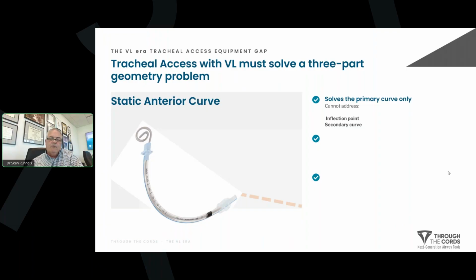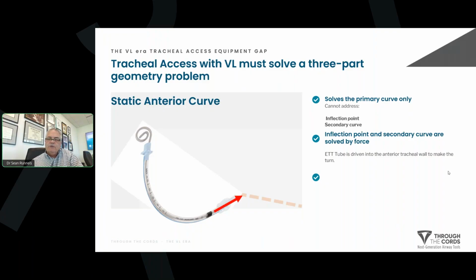In fact, you have to remove the stylet to actually have the endotracheal tube go through the inflection point at the glottis and then back down the other side. And we're going to dig into that. So the inflection point and secondary curve are solved by force on the anterior trachea and force on tissue.